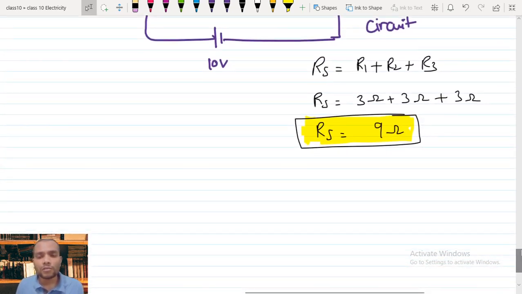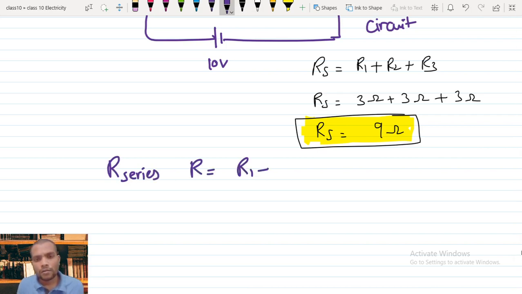We will solve some more problems so that it gives a better understanding. So finally, I can give a conclusion. Resistance in series formula: R series equal to R1 plus R2 plus R3.